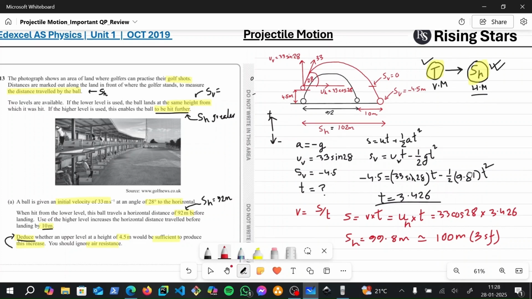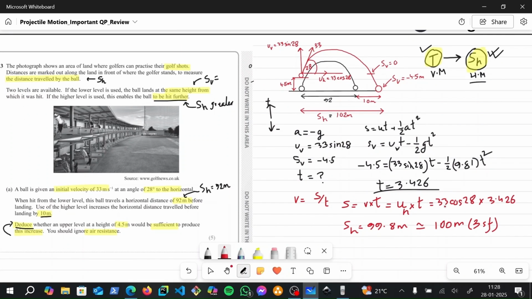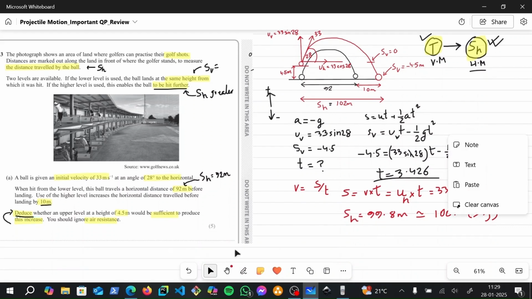All right, now we can see that this is 100 meters, not 102. It is short by 2 meters, which means that the claim made by the golfer that the ball will land 10 meters further is not true. We're supposed to get 102, but we got 100. So the ball went further by only 8 meters instead of the 10 meters they were saying. So we got our deduction, and it's not true.